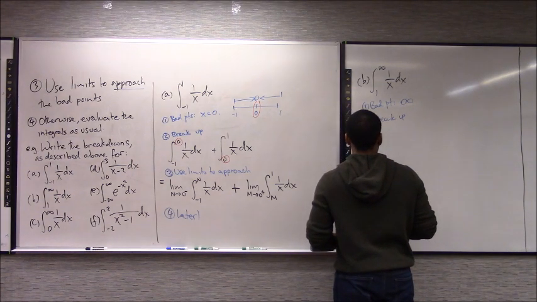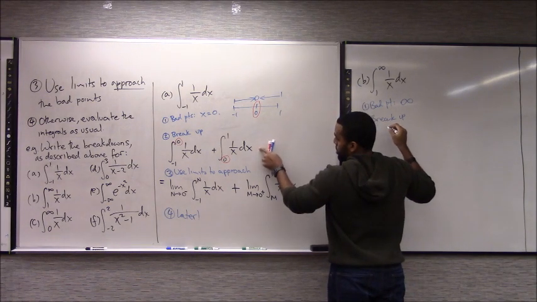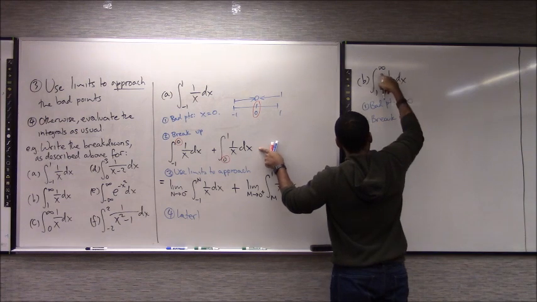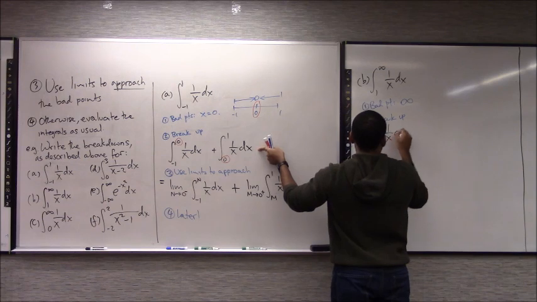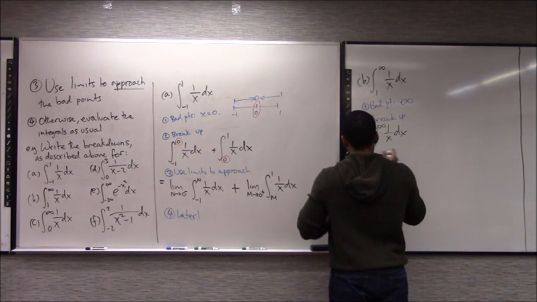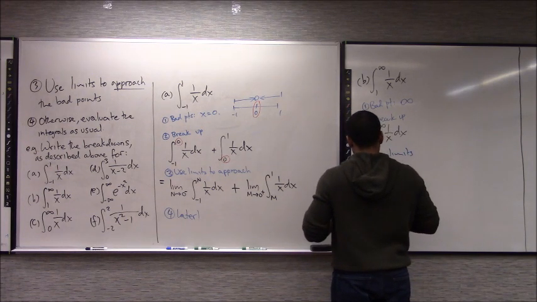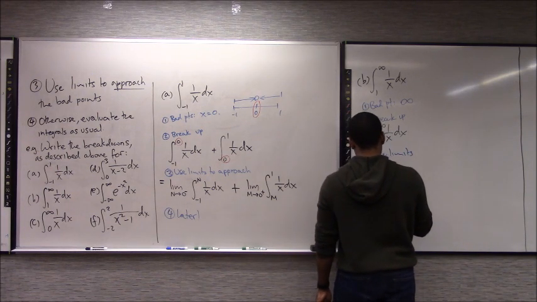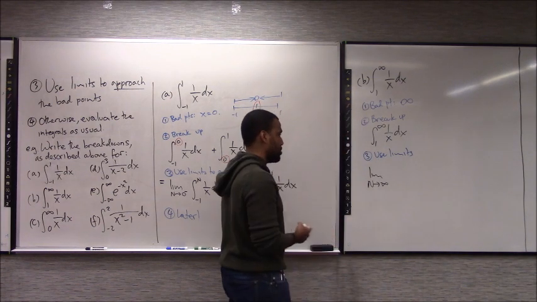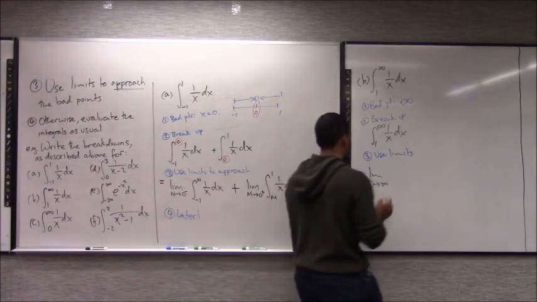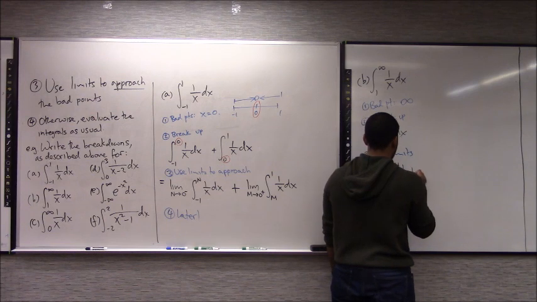When I say break up, I mean if you need to split it. In this case, because that's the only bad point and he's already exposed, you don't need to split anything. Nothing's going to change there. Now for step 3, use limits: say the limit as n approaches infinity. Of course, you're not going to do it from the right or the left. You can only approach infinity from the left. So this is the integral from 1 up to n of 1 over x dx.